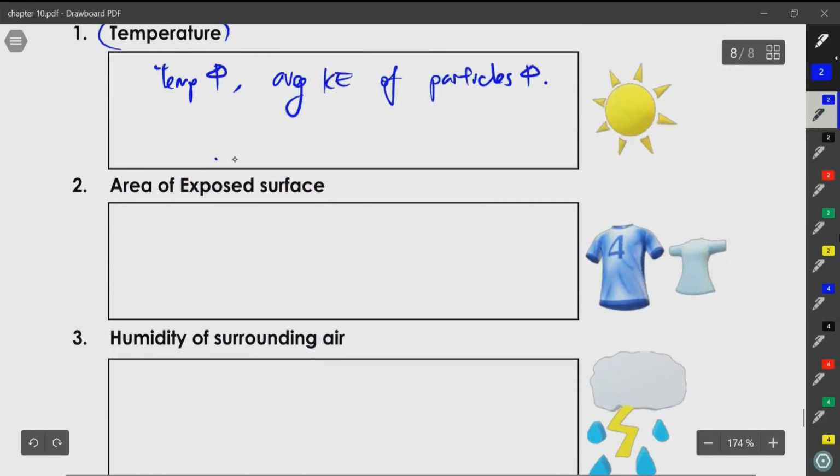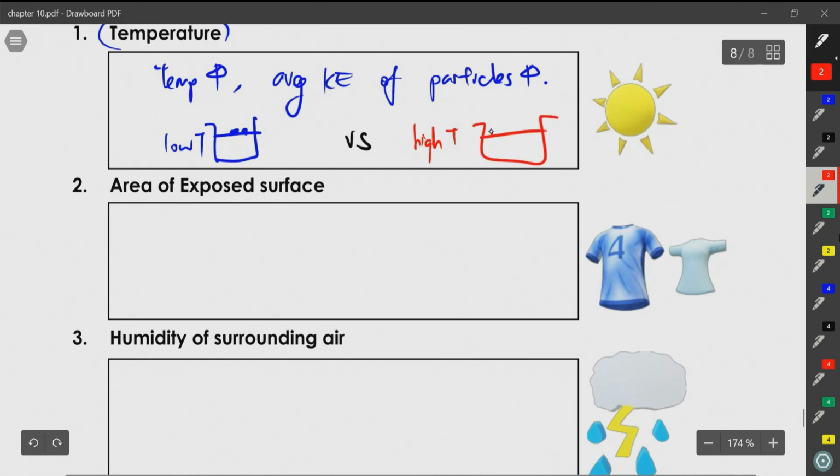It'll be something like this. Maybe it's 2 particles at low temperature, versus at high temperature when you have much more particles residing on the surface.